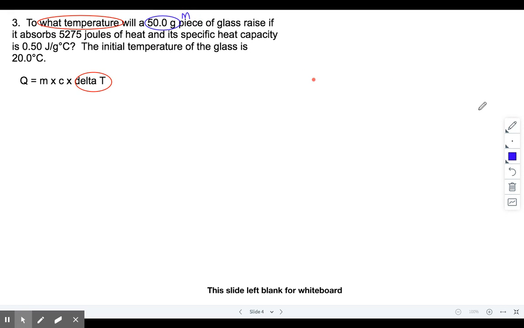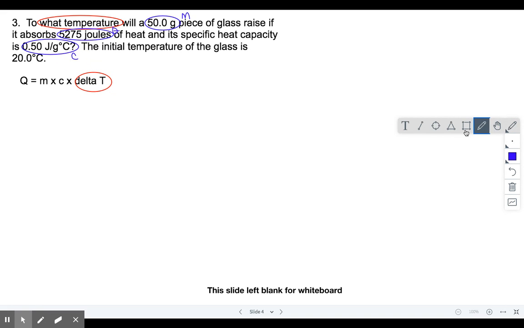It absorbs 5,275 joules of heat, so that's my Q. And its specific heat capacity is 0.50 joules per gram Celsius, so that is its C.